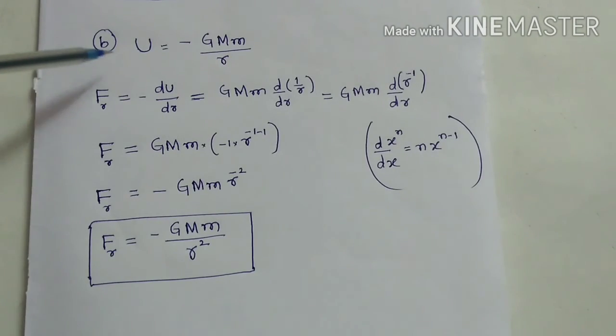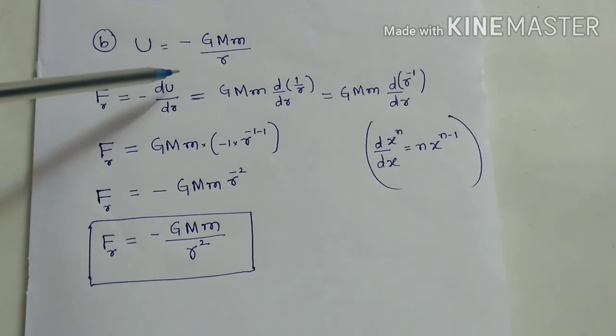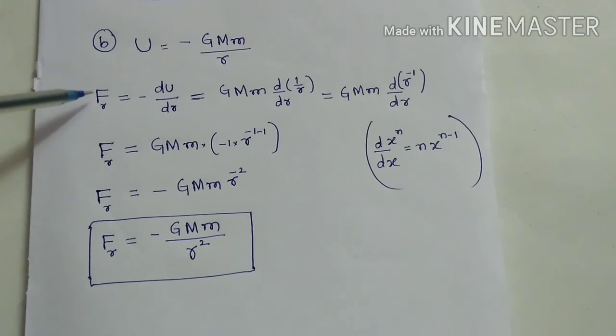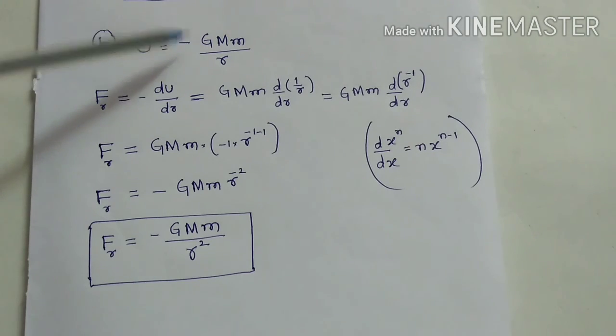Here in question B, the potential energy, this is gravitational potential energy, equal to minus G capital M small m by R. This is given. From this we are going to find the conservative force, that is Fr. What is the force we can derive from this potential energy?